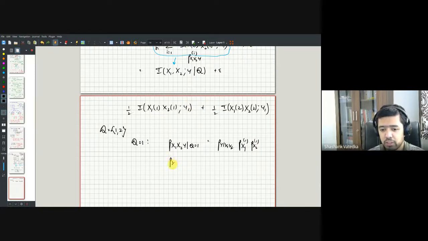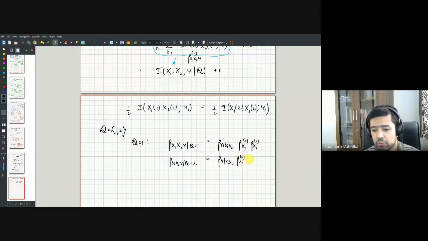And similarly, P of X1, X2, Y given Q equal to 2 is basically P of Y given X1, X2 times P of X1,2 times P of X2,2. So it's the distribution which gives you this particular term.